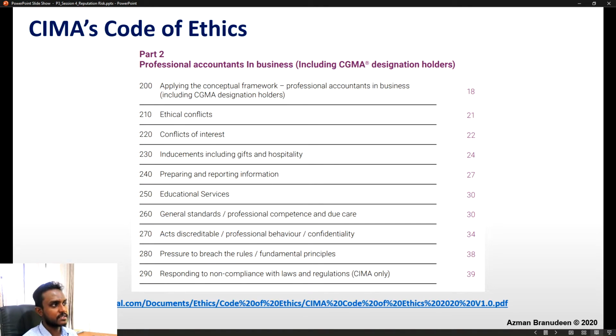So here you look at things like applying the framework, ethical conflicts, conflicts of interest, inducements including gifts and hospitality, preparing and reporting of information, educational services, general standards in terms of competence, acts discreditable, professional behavior, confidentiality, the details are provided, pressure to breach the rules and fundamental principles, responding to non-compliance with laws and regulations. For CIMA only, not CGMA.